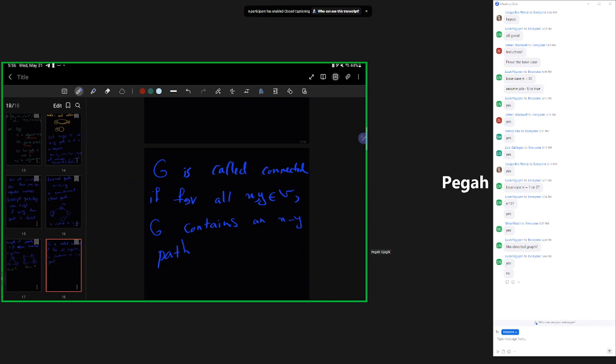So it means all of the vertices are connected to each other.